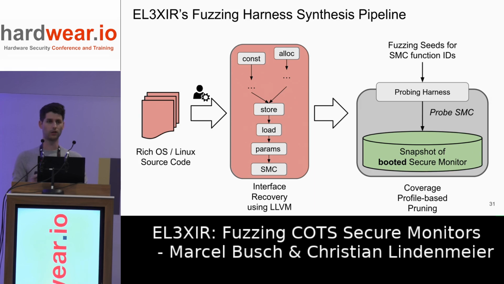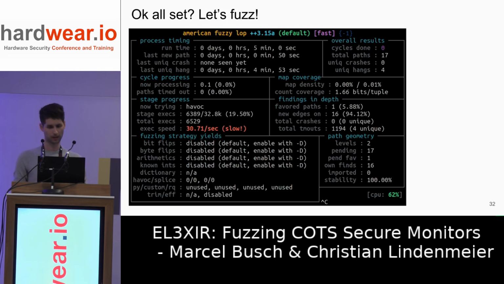All of the other ones, which are not backed by a runtime service, will fall into the default case. So this last step allows us to prune false positives away, and we also can find new runtime services that maybe were not used by a rich OS. Okay, so with this pipeline, in the end, we have a fuzzing harness that is super tailored for our target. So let's start our fuzzer then.